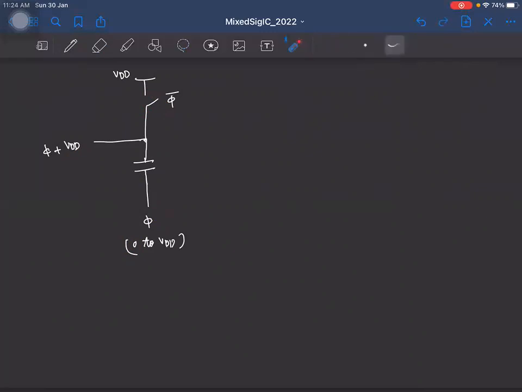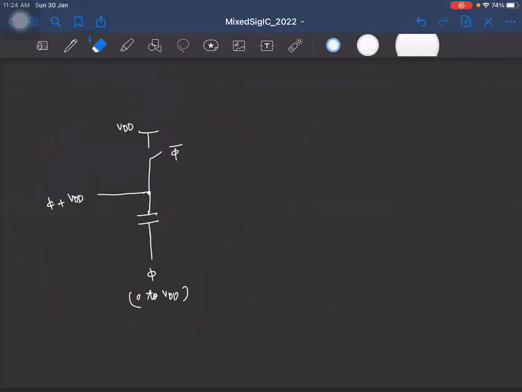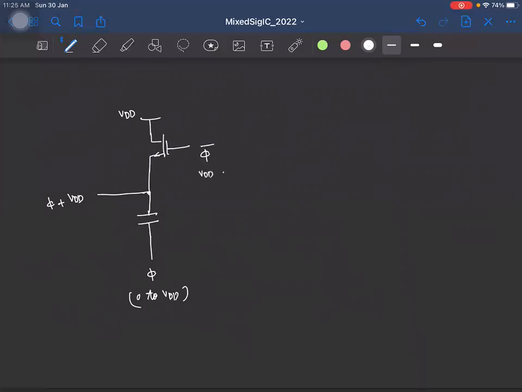So now how do we implement the switch? So let's see how to do that. So let's say I use an NMOS switch here. So I have the NMOS switch here, right? If I try to connect this gate to phi bar, that goes from VDD to 0, what will happen? Well, to turn the switch on, VDD is not enough, right?